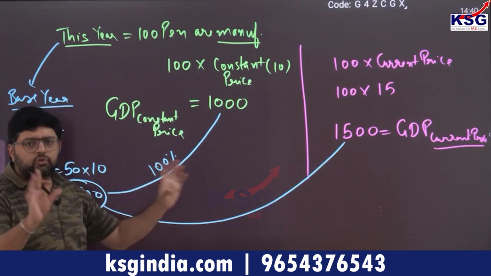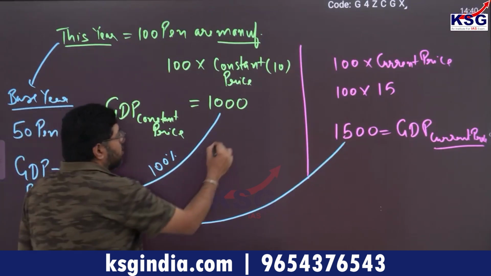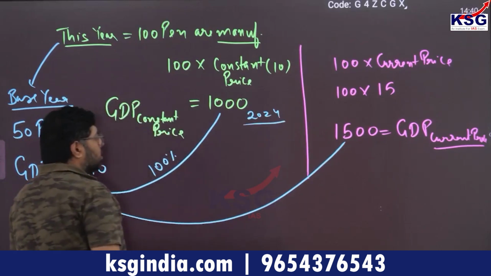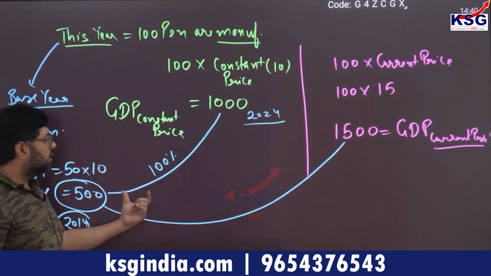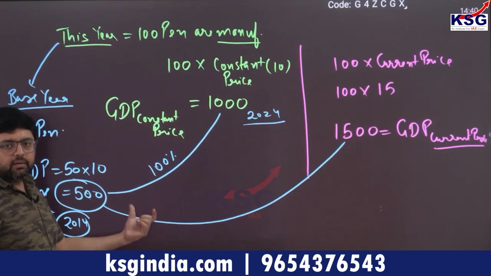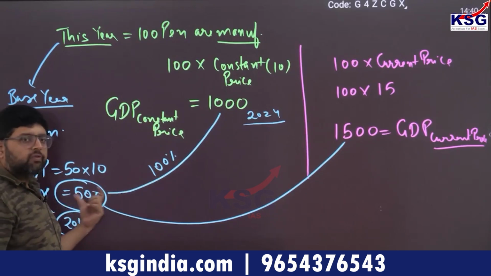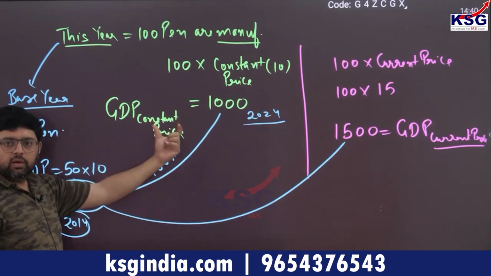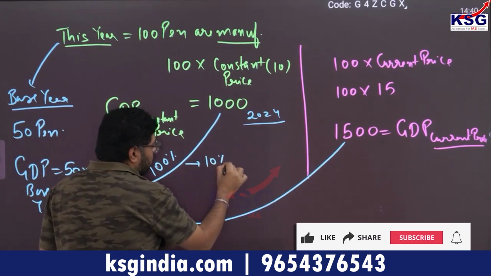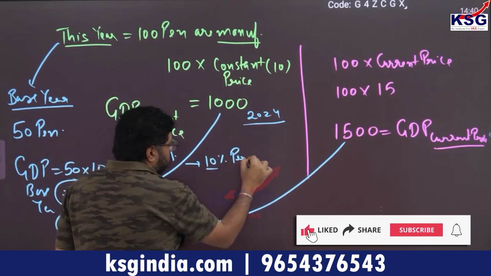But assume that base year is 2014 and this is the current year 2024. Now we can say that GDP has grown at the rate of 10% every year, so this is 500 to 1000. Yes or no? So we can say that GDP has grown at 10% per year.